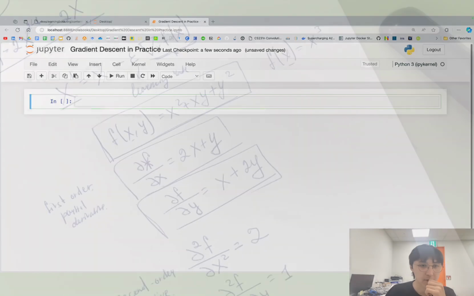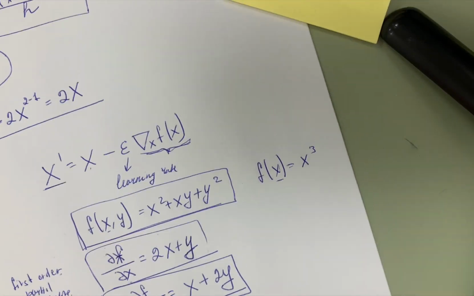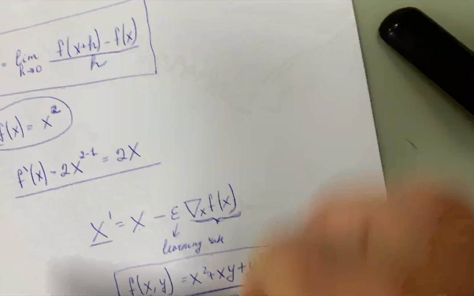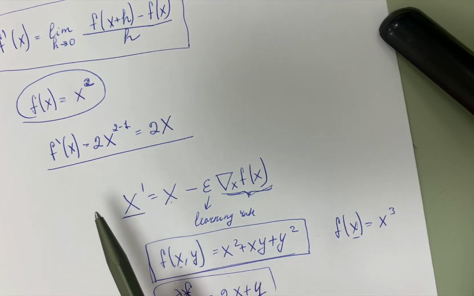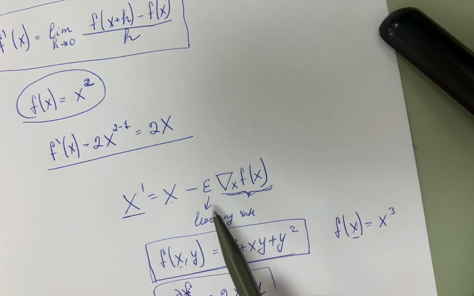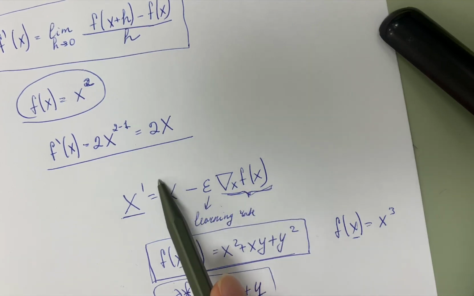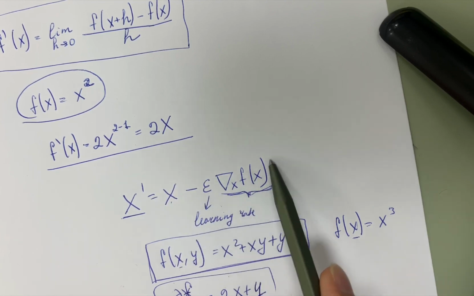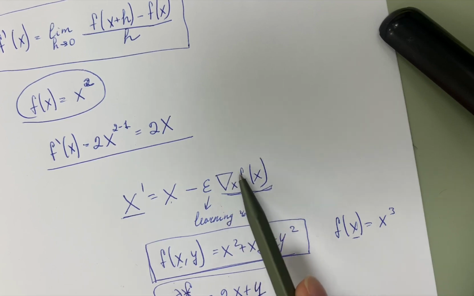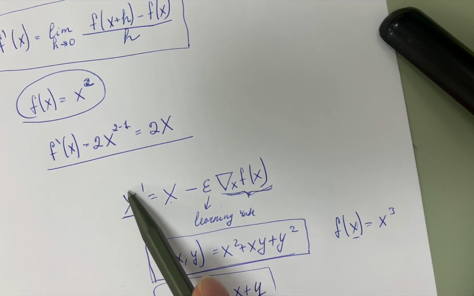Let me recap. We said that gradient descent is an iterative optimization function which uses a derivative, and it has a learning rate. The previous x point minus the learning rate multiplied by the derivative of that function gives us the next point, the next x.